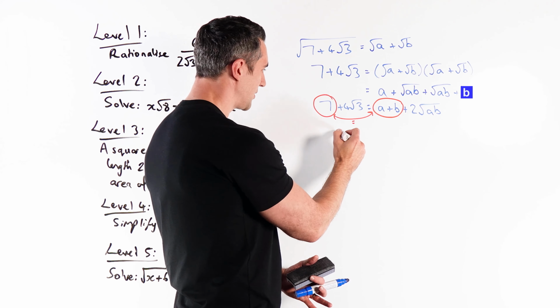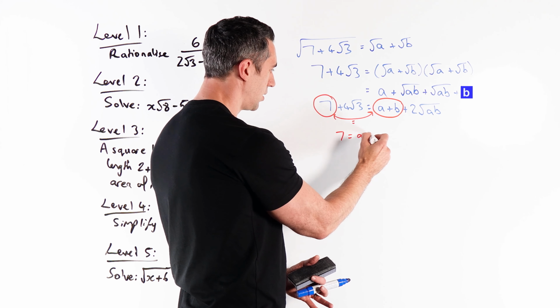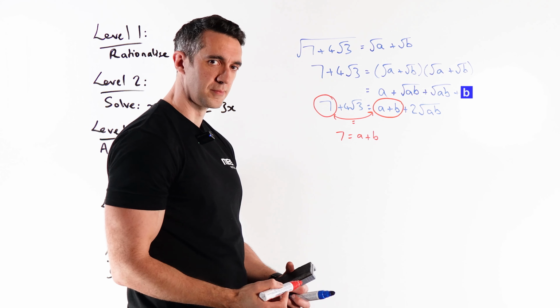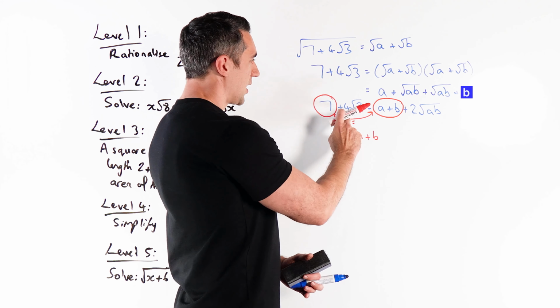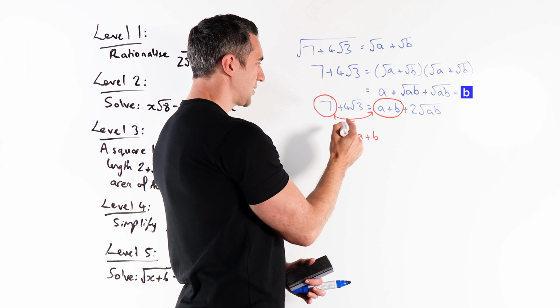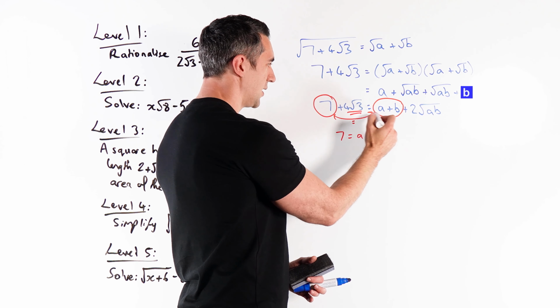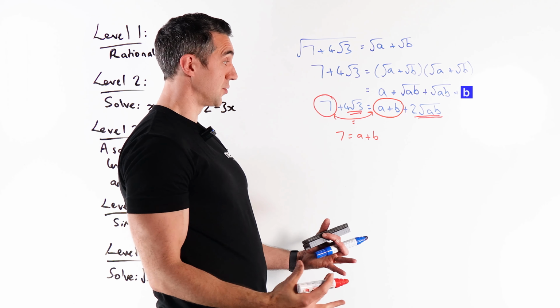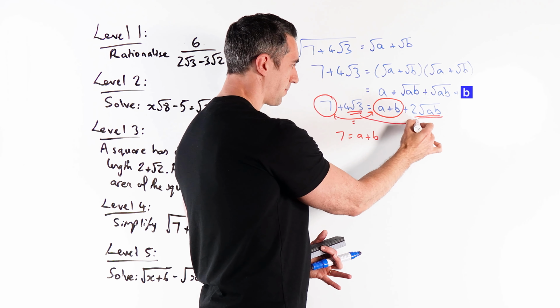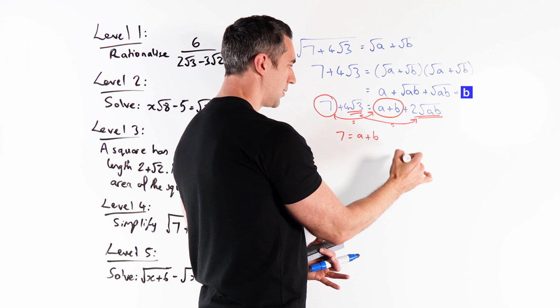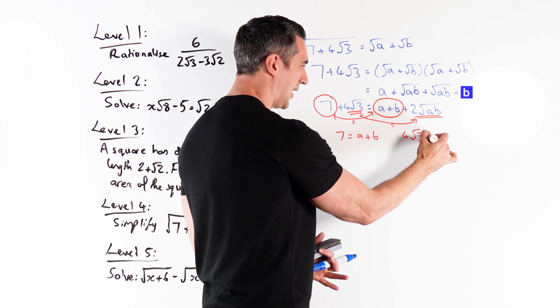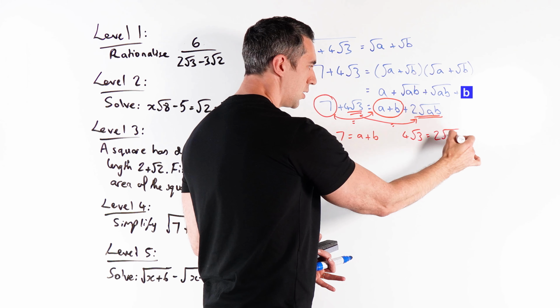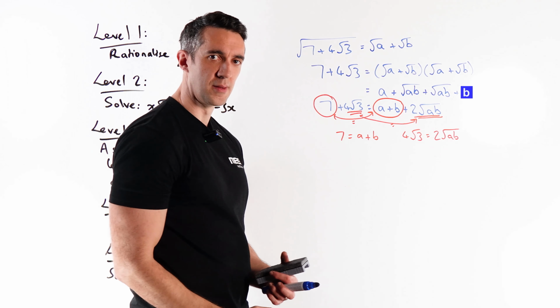So we could write that down as an equation and say that 7 has to equal a plus b. Okay? I can then look at the parts that do have a root and say, well, this 4 root 3 here and this 2 root ab here, they're the only bits that do have a root sign. So they have to be equal as well. So I now know that 4 root 3 has to equal 2 root ab.